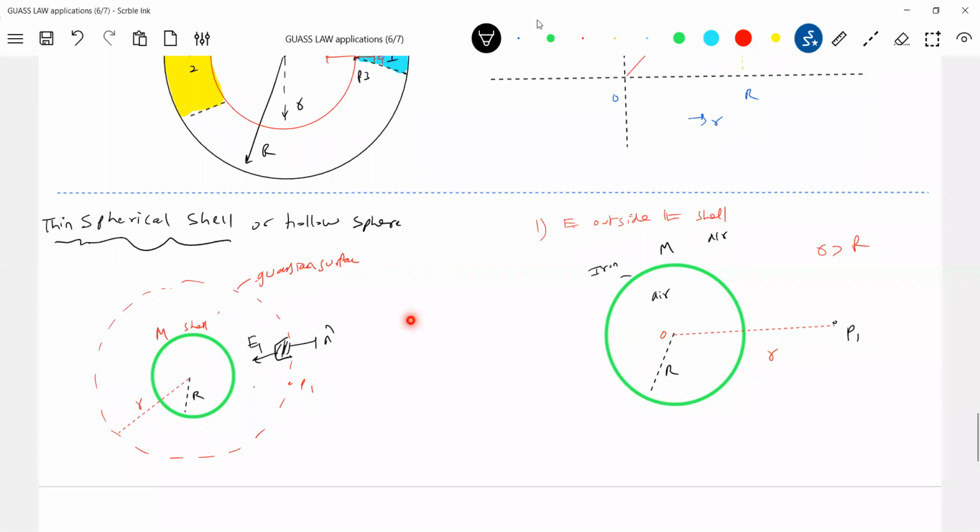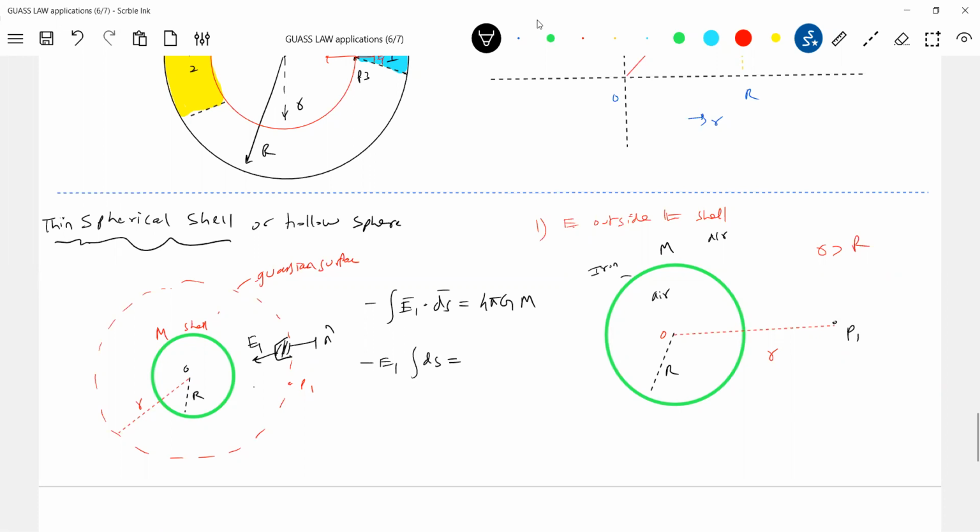Then what is the formula? Everything will appear like a point mass, no? You can treat it like a point mass because of the symmetrical distribution. So the formula will be the integral of E1 bar dot dS. Now what is the net mass enclosed? The mass of the shell. And where does it appear? It will appear like a point mass. Then at all points E1 is constant on the Gaussian surface.